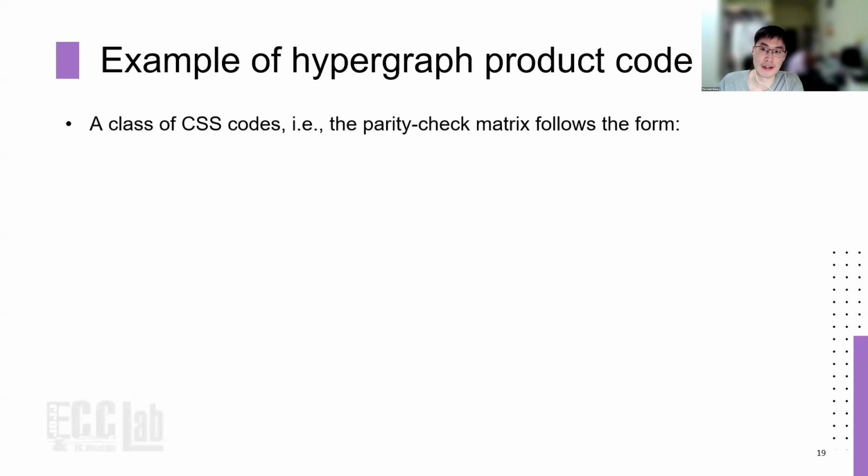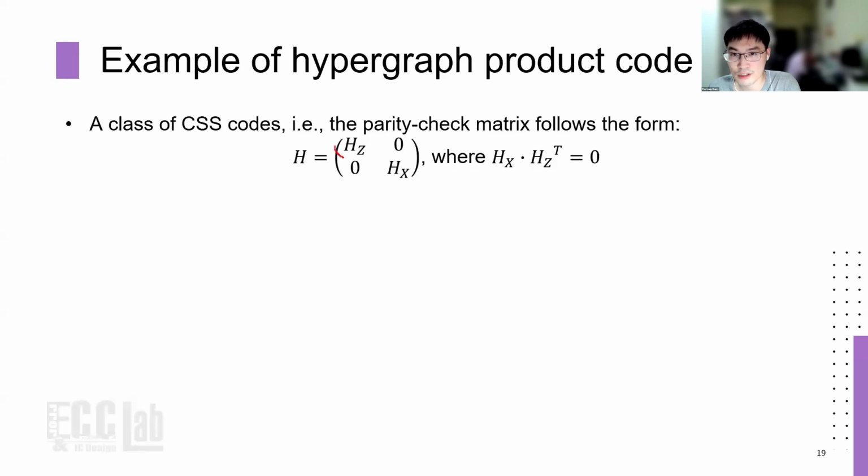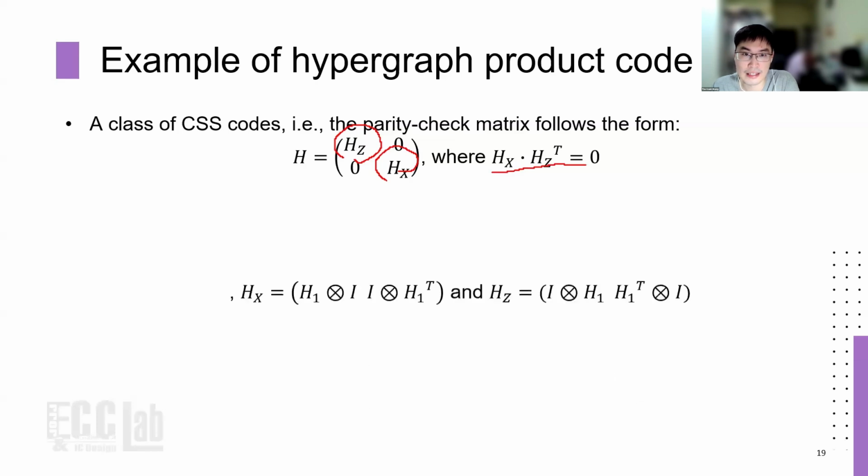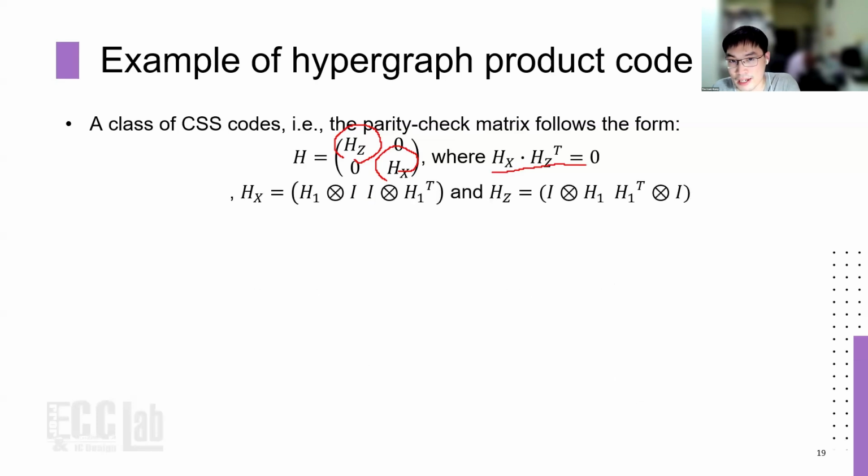The hypergraph product code is also a class of CSS code. The parity check matrix follows this form. There are two classical matrices on the diagonal, and they satisfy the relation. Each matrix is obtained by the tensor product, or say Kronecker product, of the base matrix H1 and the identity.